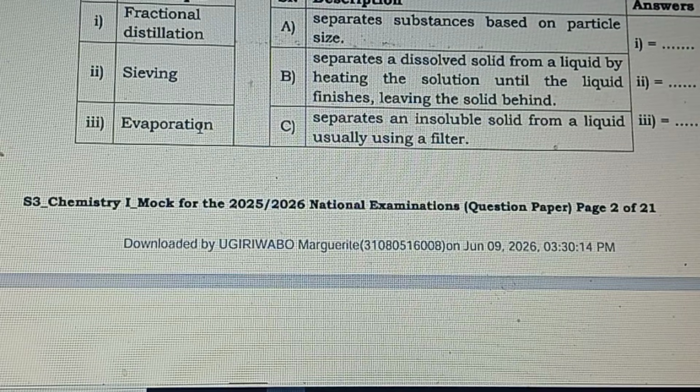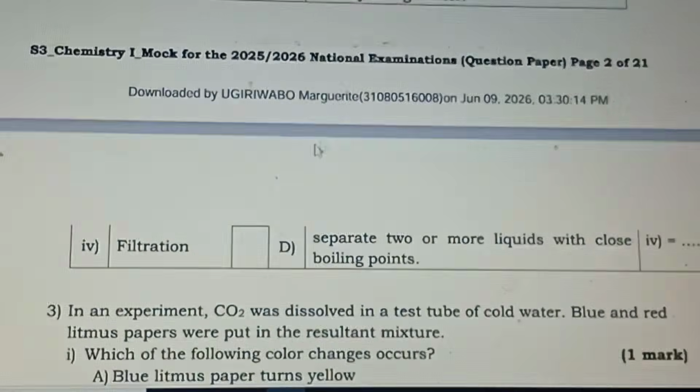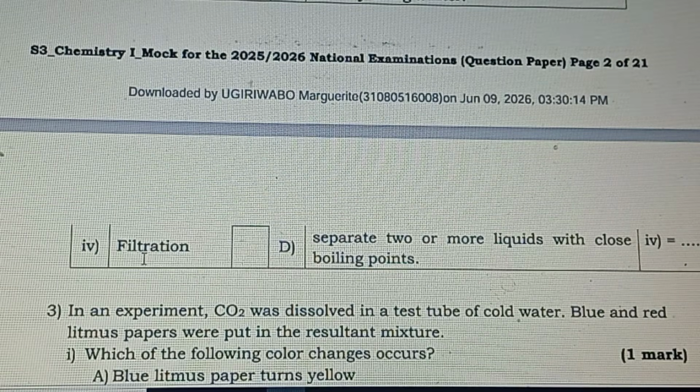III, evaporation matches to B, separates a dissolved solid from liquid by heating the solution until the liquid finishes, leaving the solid behind. IV, as the last one, filtration matches to C, separating an insoluble solid from liquid, usually using a filter.